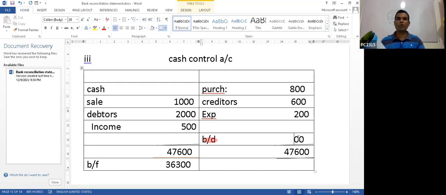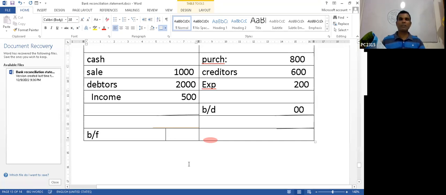You are unable to take the total of value still because you don't know the opening balance. So still we are unable to find out the opening balance of the cash account. So I'm keeping it here.